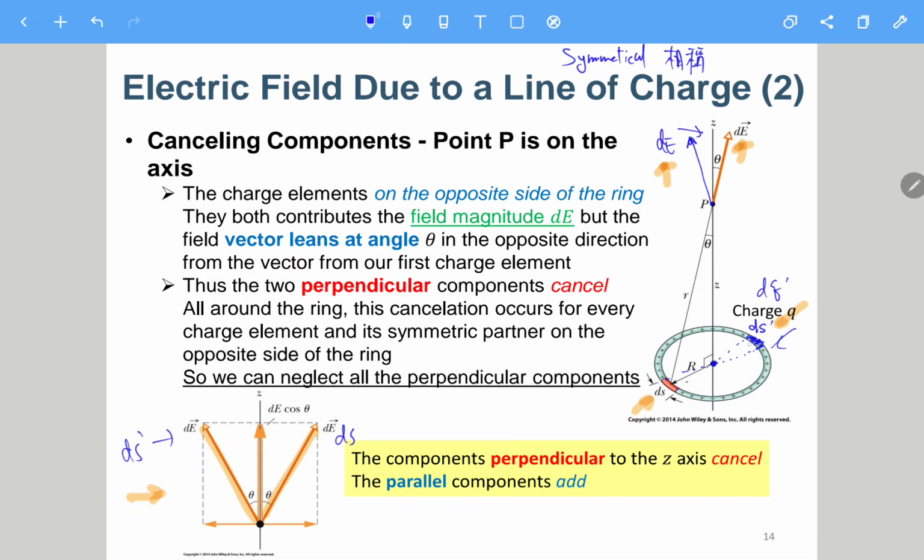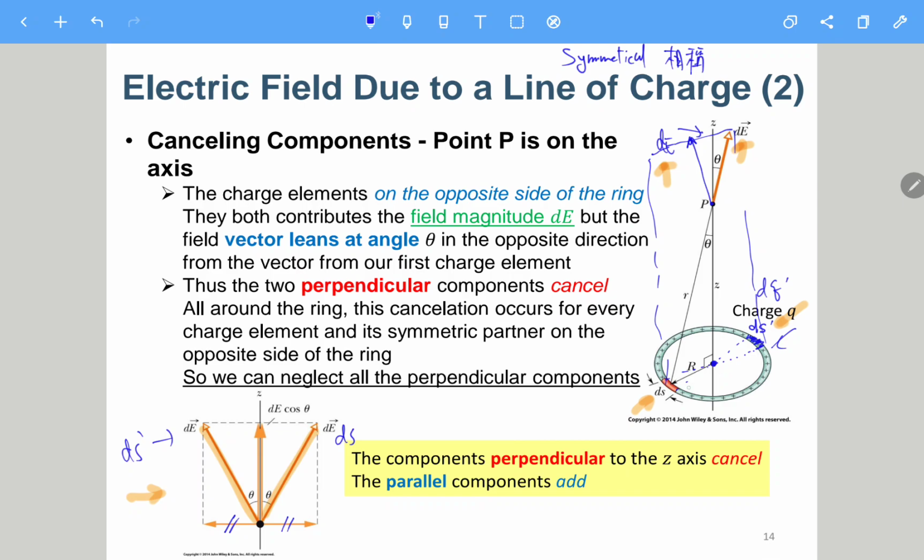And as much as they are symmetrical to the center of the circle, in this plane, all the horizontal components will cancel each other. So this one and this one will cancel each other perfectly because they are symmetric.